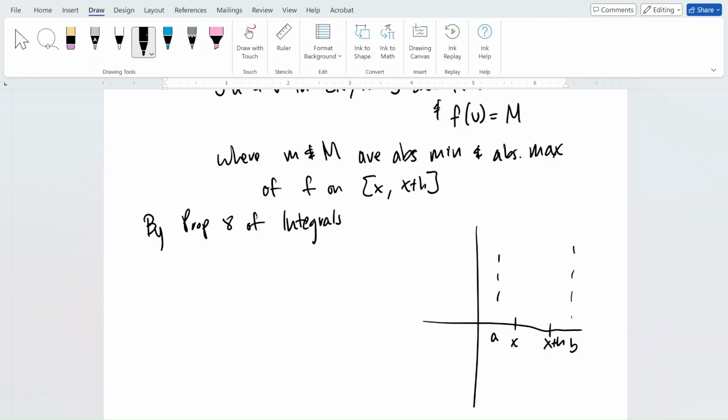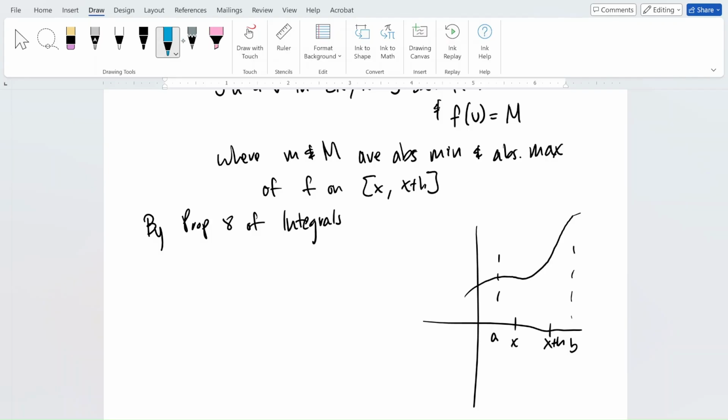Let me make this more dramatic, maybe. If this was my function, we know that u and v are inside x and x plus h, where u is the minimum.